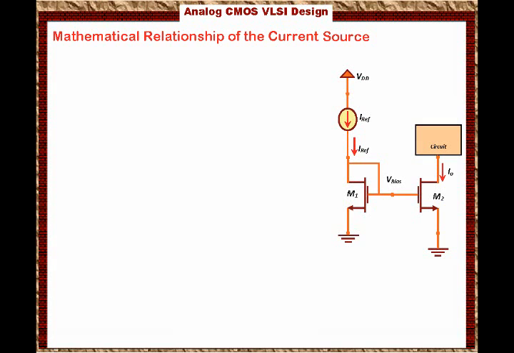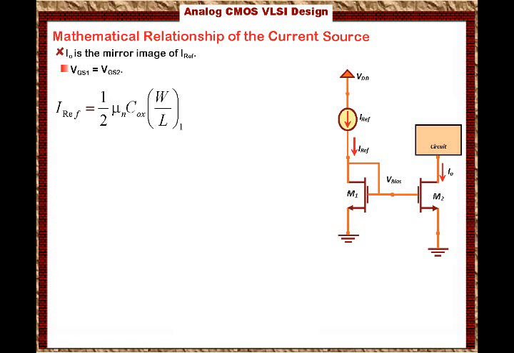So the first note, we would say that IO is the mirror image of I reference. That is because VGS1 is equal to VGS2. Then we can find the expression for the reference current IREF to equal 1/2 mu n COX W over L1 times (VGS1 minus V threshold) squared times (1 plus lambda times VDS1).